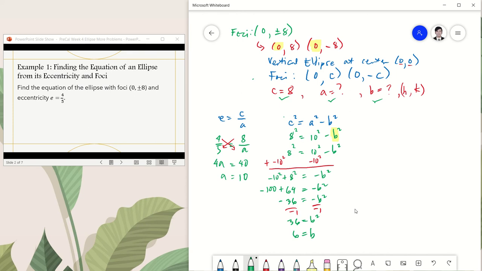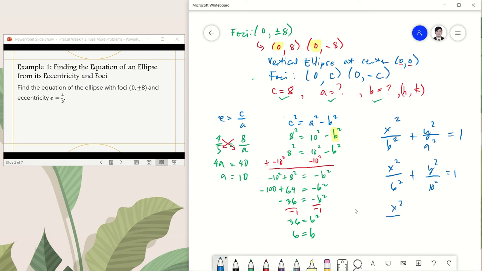So, the equation of a vertical ellipse with the center at the origin, that is x squared over your b. So, yung b natin, okay, para kompleto na lang. Then, you can check your picture, yung pina-screenshot ko sa inyo during class. So, yung b natin is 6 at saka yung a natin is 10.